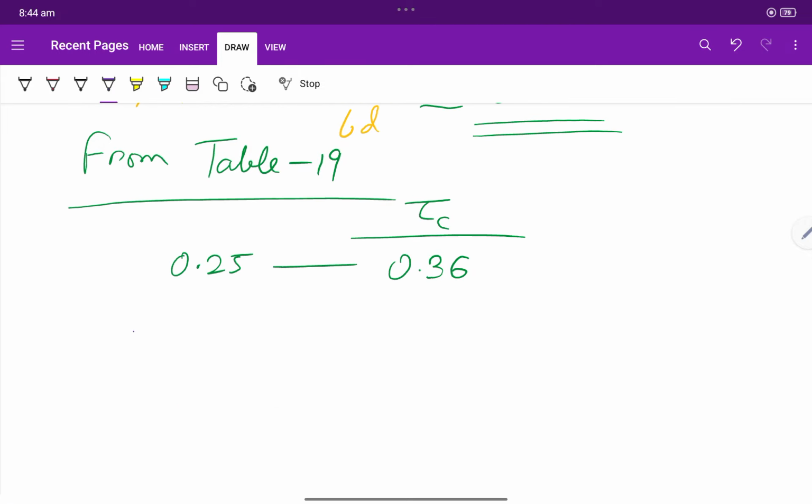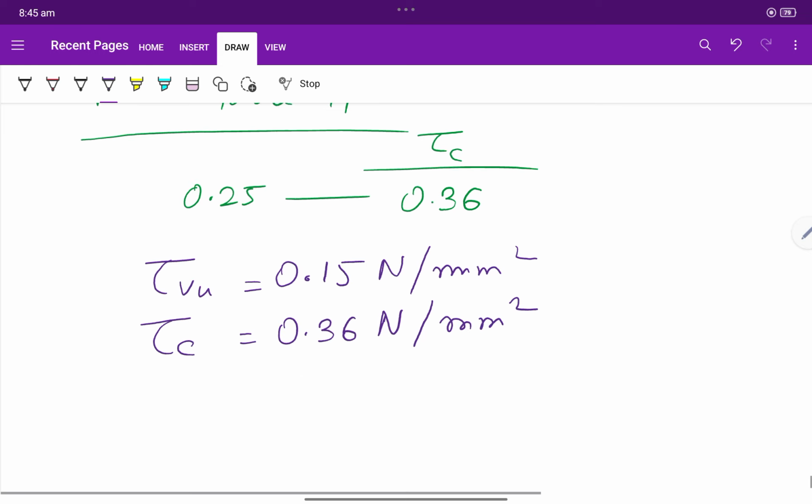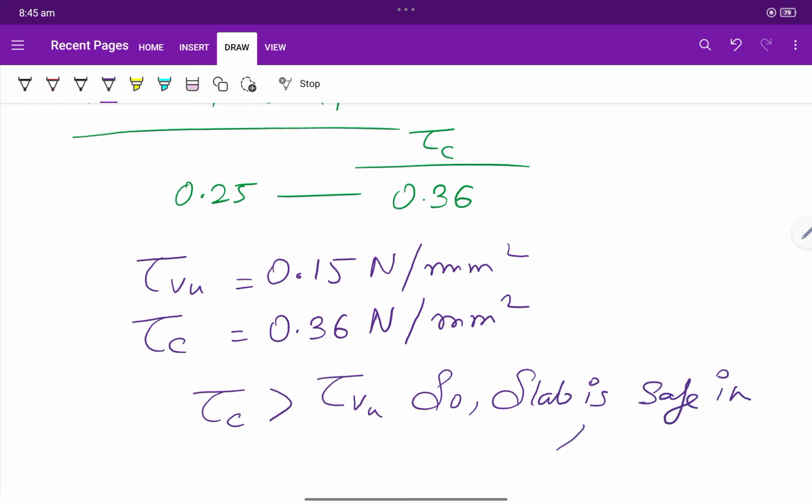Tau vu value we have got as 0.15 Newton per mm square and tau c value is 0.36 Newton per mm square. So we can clearly see that tau c is greater than tau vu. So slab is safe in shear.